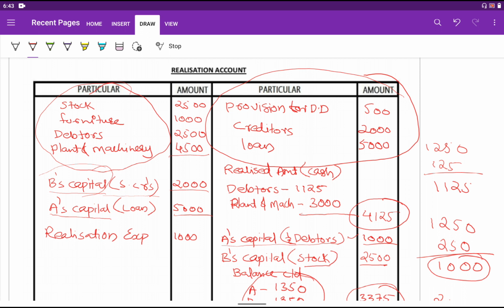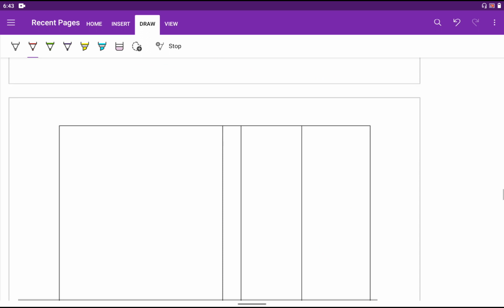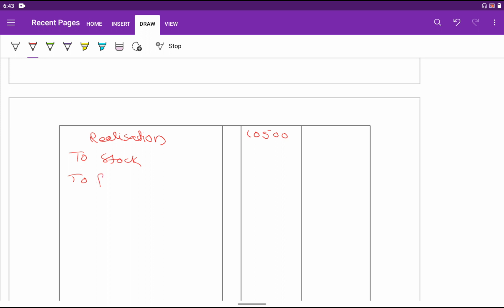So we'll write that for realization. First one, for assets we'll write realization. All are coming in debit side, so we'll credit realization account 10,500, total of the transfer to stock, to furniture, to debtors, to plant and machinery.